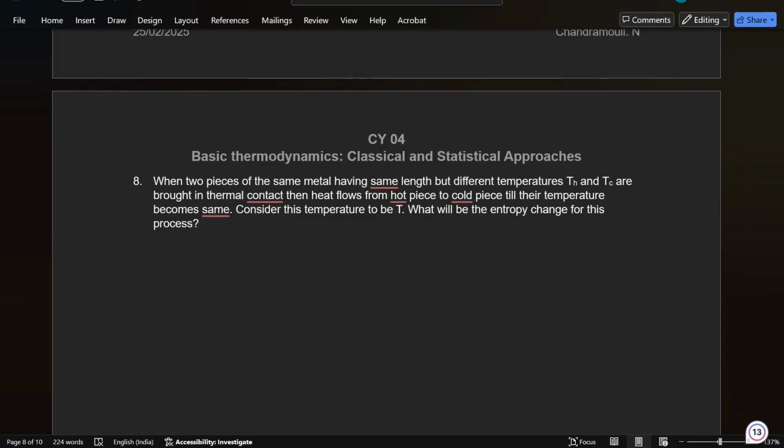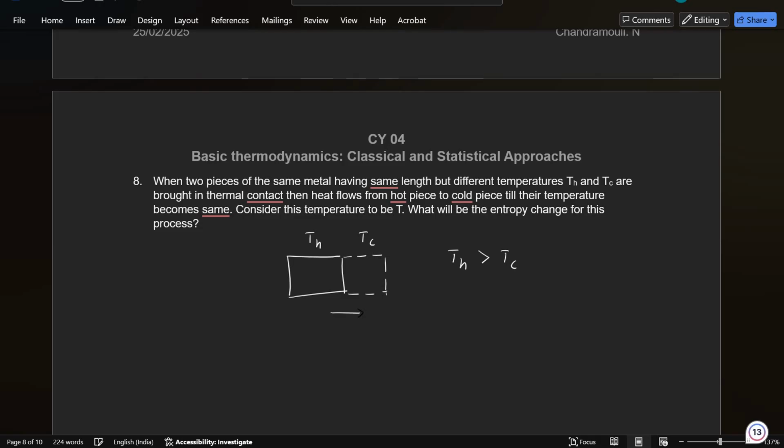We have a hot metal, TH, and we have a cold metal like this. So this is TH, this is TC. TH is greater than TC. They are in contact with each other, so heat flow is going to be there like this.